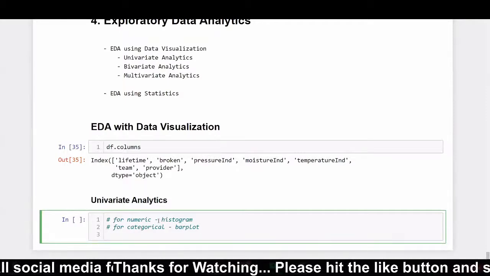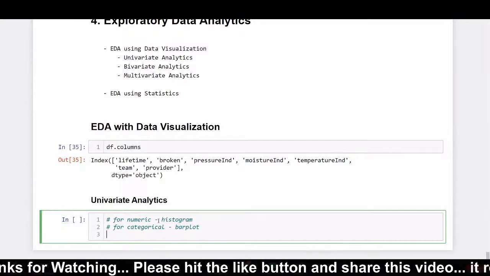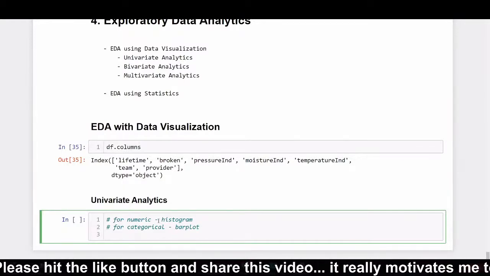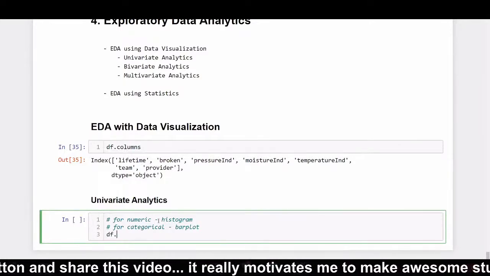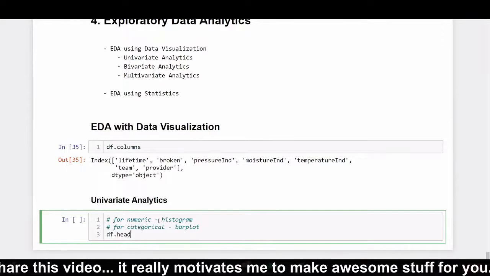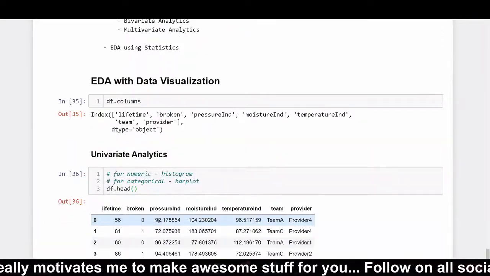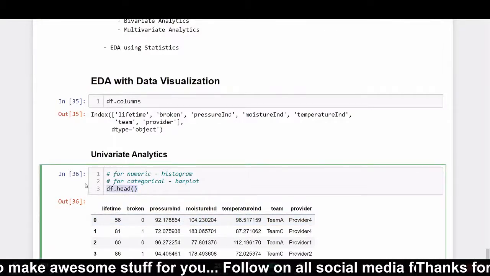So these are the two things that we do, histogram versus bar plot. This is one general understanding of what kind of graph can be used. If you look at df.head here, all of this data, as you can see, for categorical, broken, team, and provider are categorical attributes. Rest all are numeric attributes.